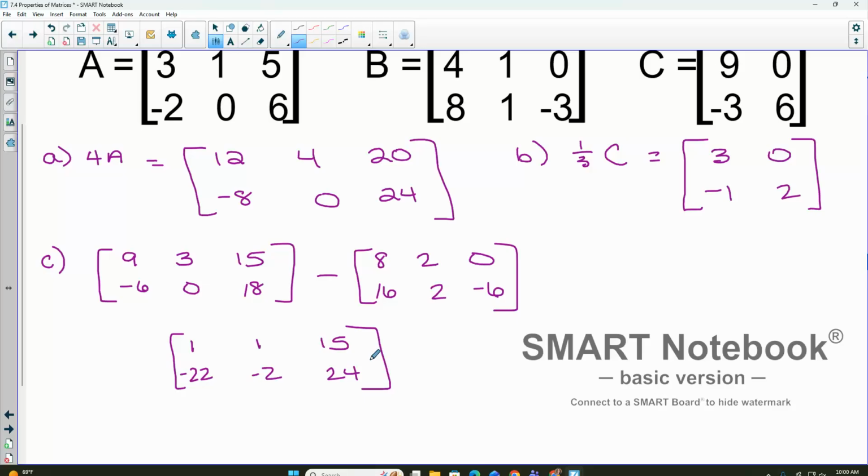No. Why? They are not the same. C is a different size. Any questions about those? Can you guys try one?